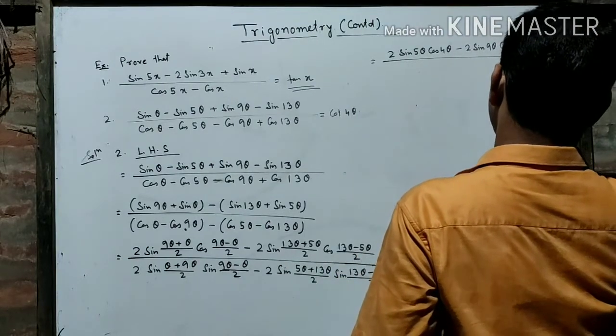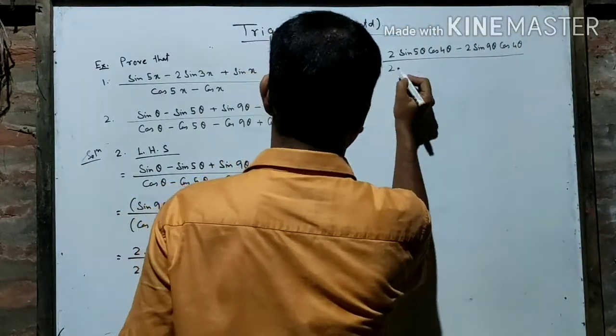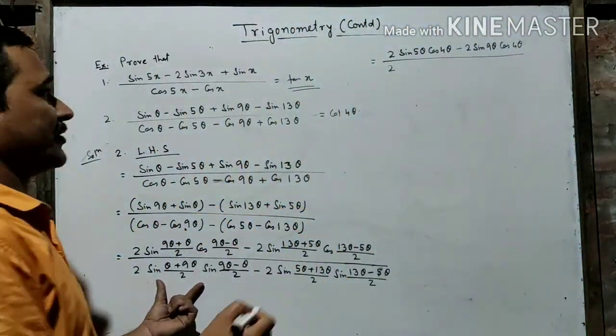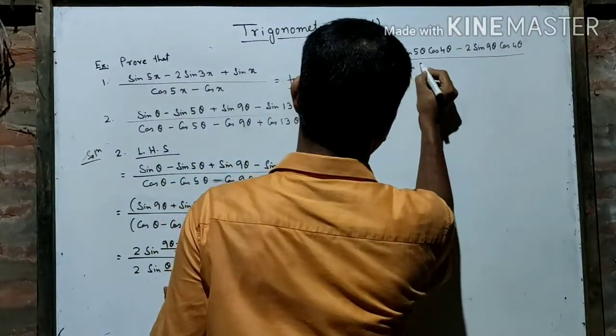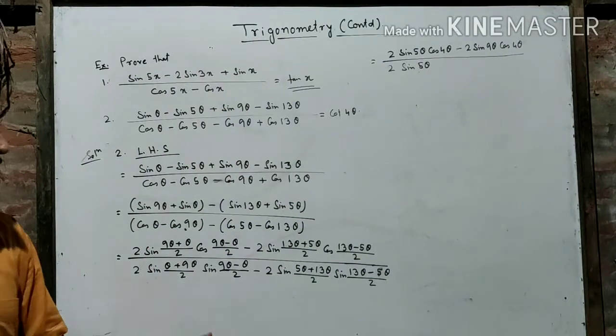Right? 13 minus 5 is 8, by 2 is 4. And the denominator it is 2 sin 5 theta. You see it? 2 sin 5 theta into sin 4 theta.